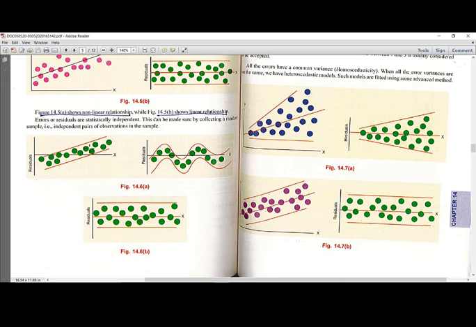And now you can observe this figure. Residuals are shown along this vertical line and x values along the horizontal line. And this one, figure 14.6a, though here one can get the idea, these are not statistically independent. Residuals are not statistically independent in this figure as well as in this figure.